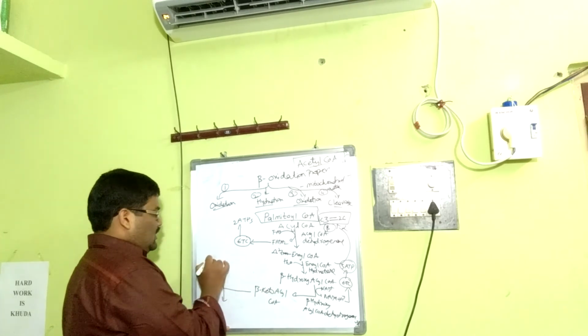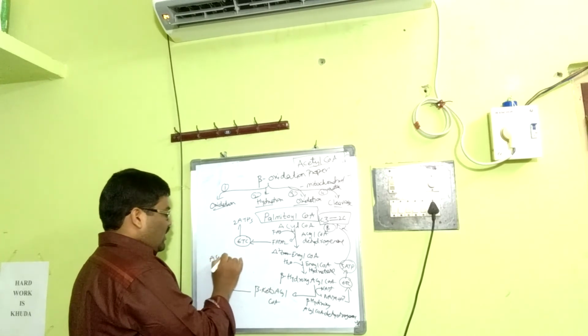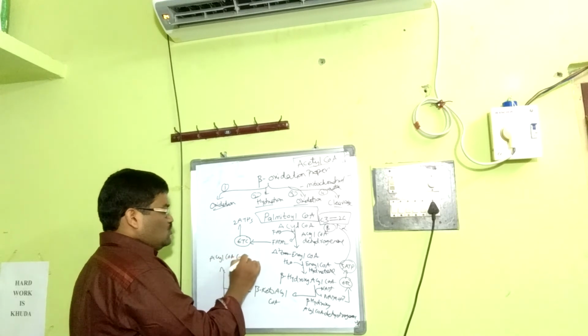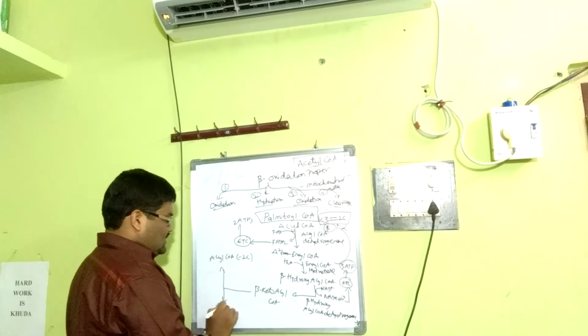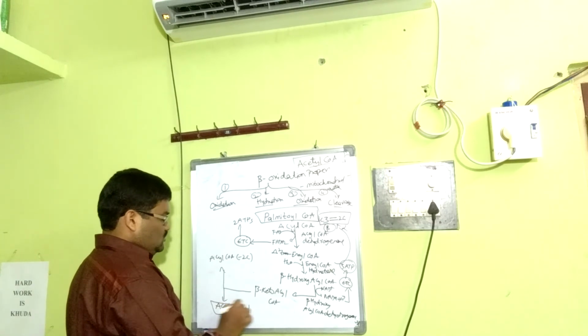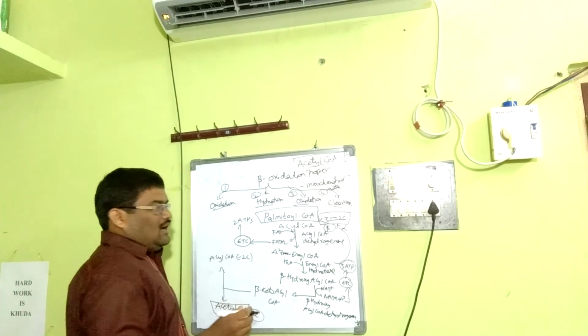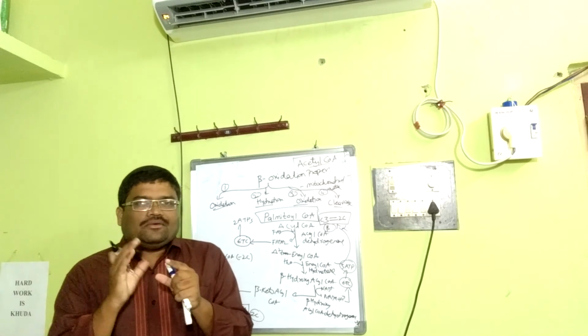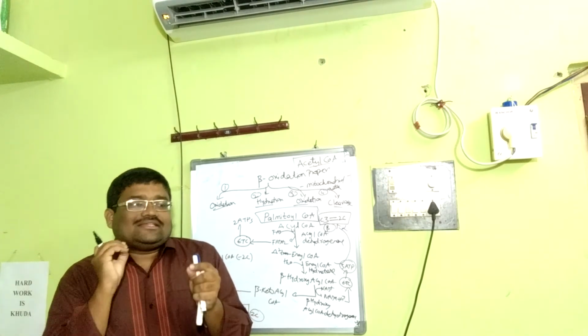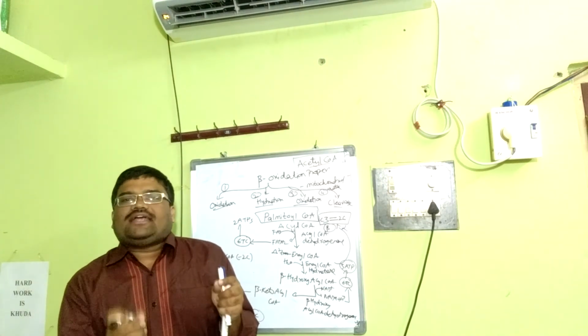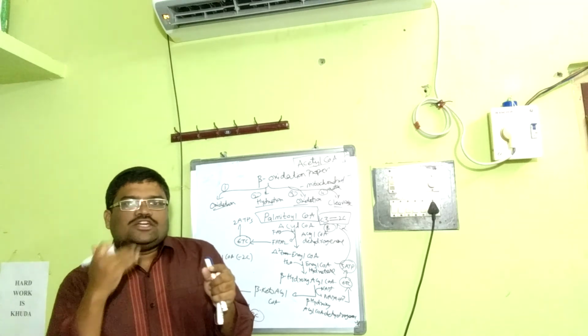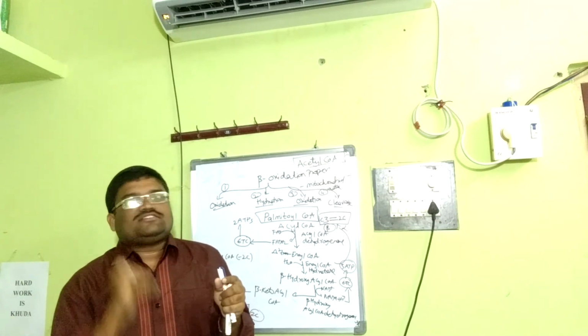It forms acyl coenzyme A minus 2 carbons and acetyl coenzyme A, of course, this 2 carbon unit. I told you already, depending on the size of the fatty acid, the number of beta oxidation cycles will take place.